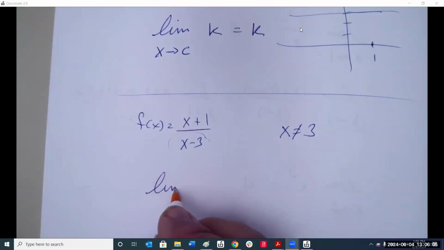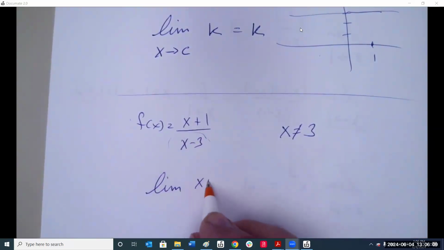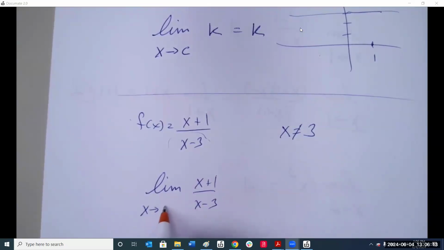Because this is a problem point, I would look at what happens as x gets closer to 3, as if you just plug it in there.